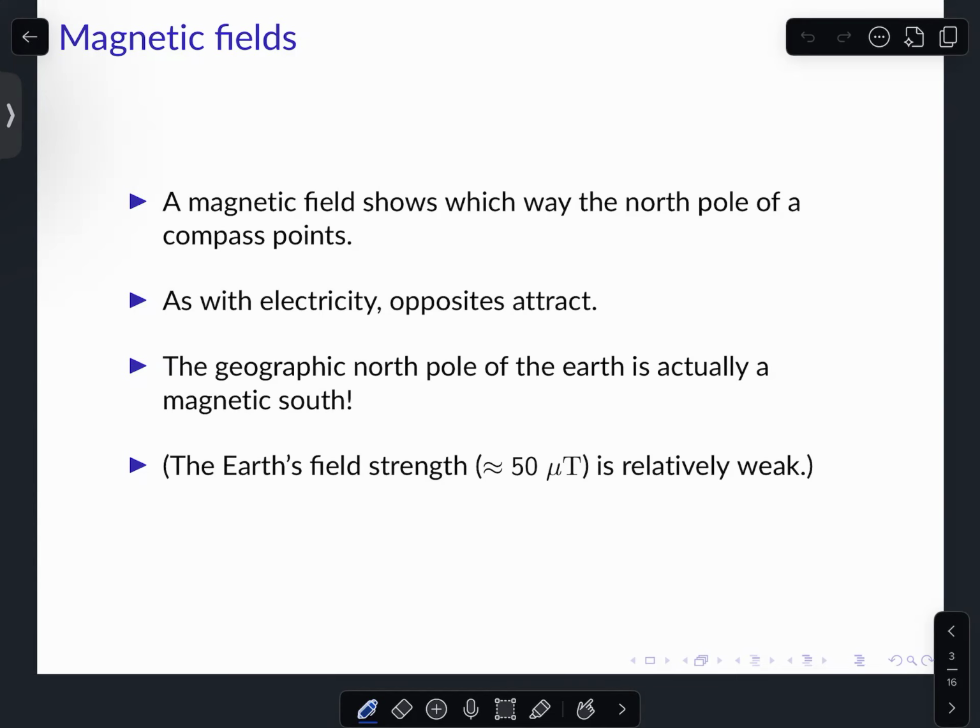I define the direction of the magnetic field by saying, if I hold up a compass, which way will the north end of the compass point? Major point 2, opposites attract. North attracts south, north repels north, south repels south.